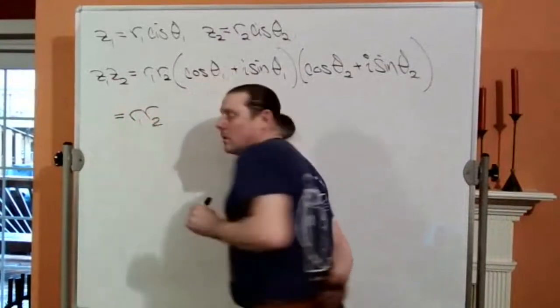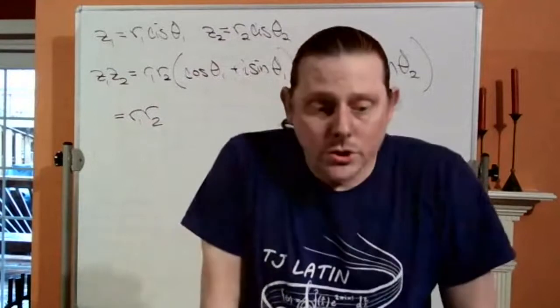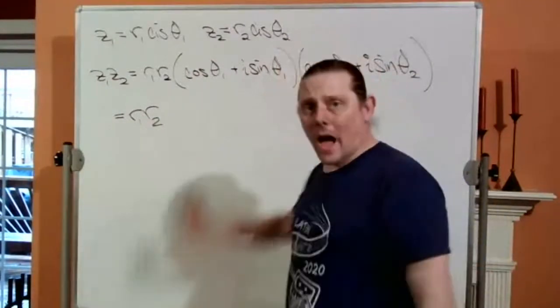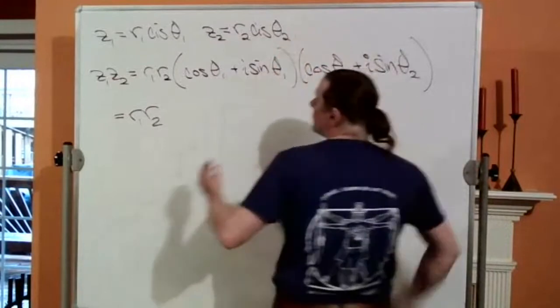r1 and r2 are simply non-negative real numbers, so I'm not worried about that product. But I am interested in what's going to happen with the cosines and sines.